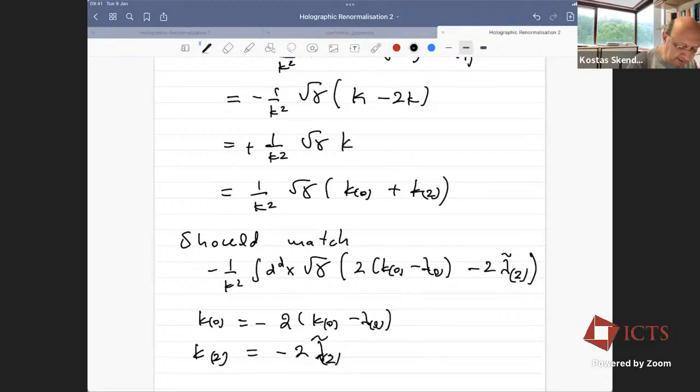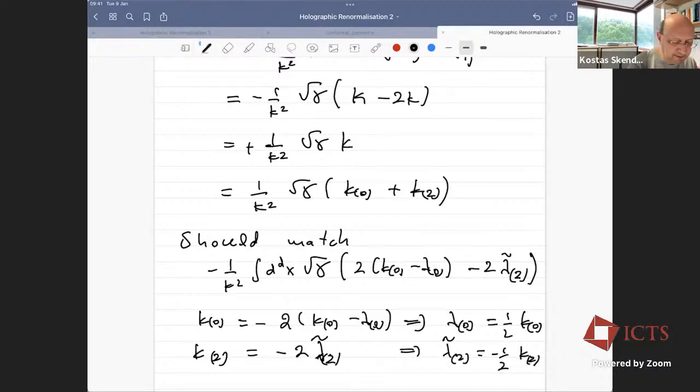So then we see that from here we can solve to find that lambda naught, well, some of my signs are probably incorrect, but that should be the correct answer. So we find for the expansion.